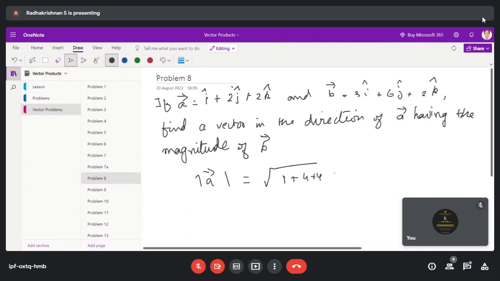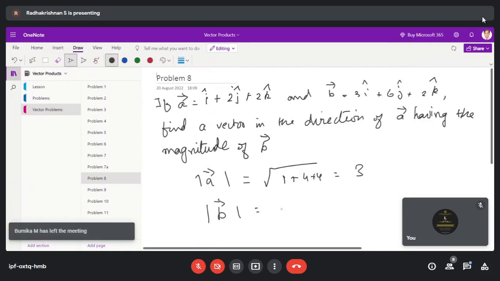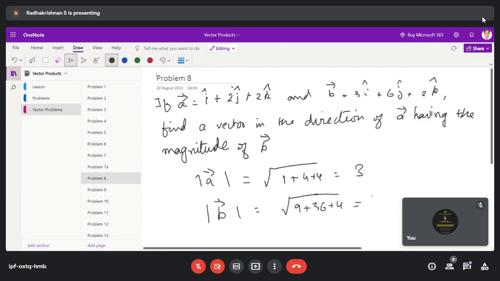Okay. And what is the magnitude of B? 7, sir. Okay. So A has a magnitude of 3, and we want it in the same direction with magnitude of 7.